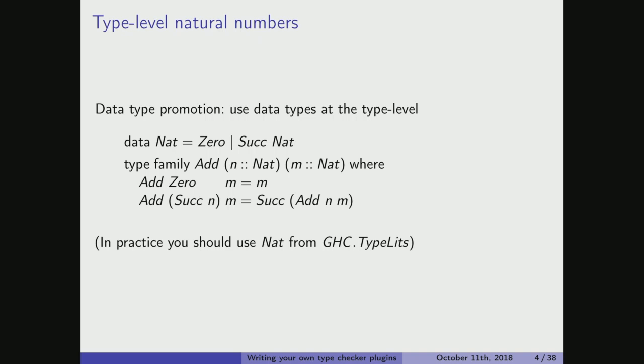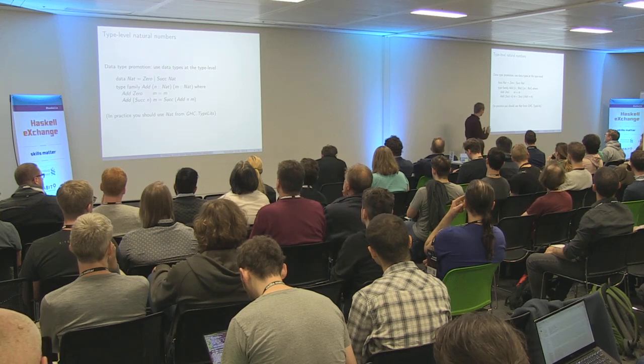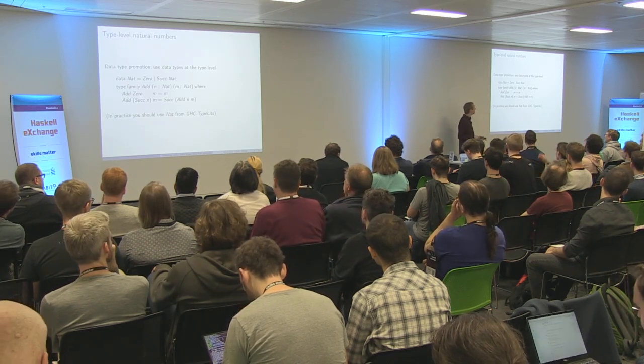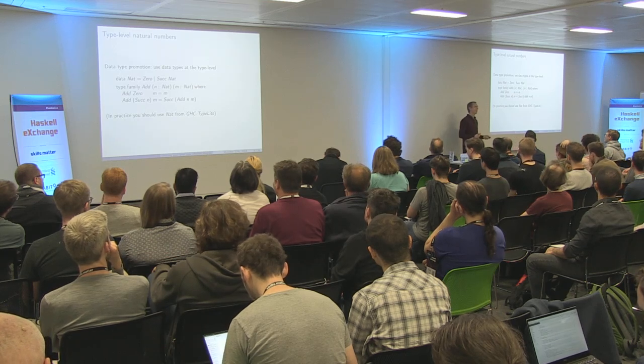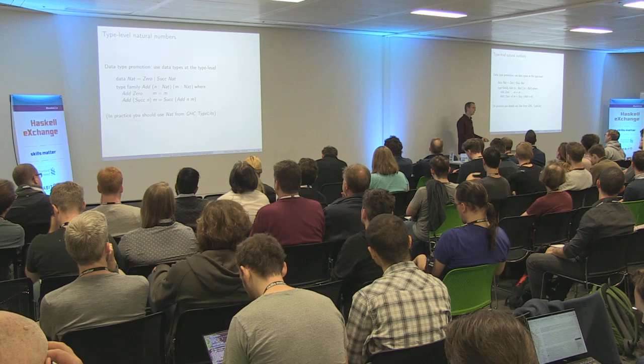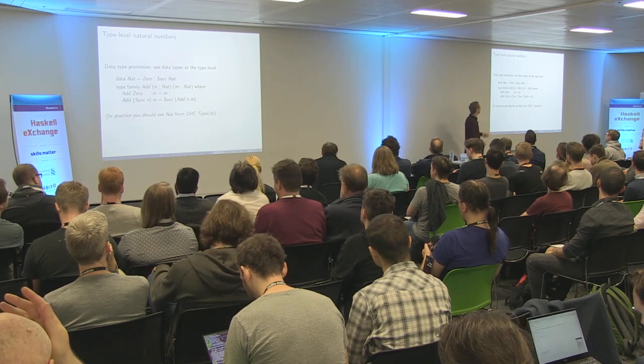You should be using Nat from the module called GHC.TypeLits, which is faster and better and everything. But the problems that we will see later on, you will get the same or very similar problems when you use the natural numbers from TypeLits as with the one defined here.